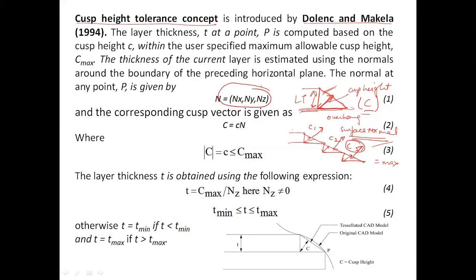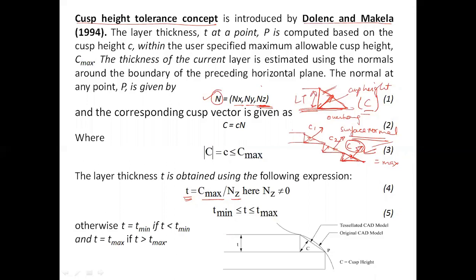Every surface normal has the components nx, ny, and nz. So now you have a triangle, a surface normal, and you also know the maximum cusp height. So he said the layer thickness will be equal to the maximum cusp height divided by the z component of the surface normal.